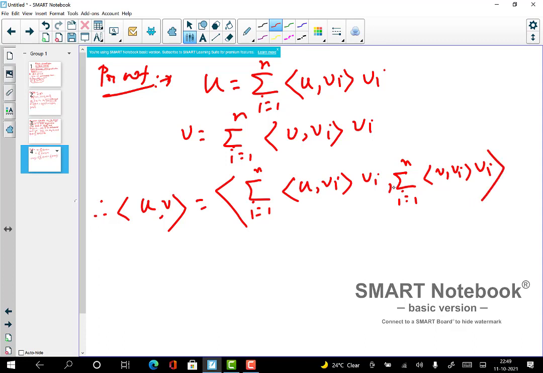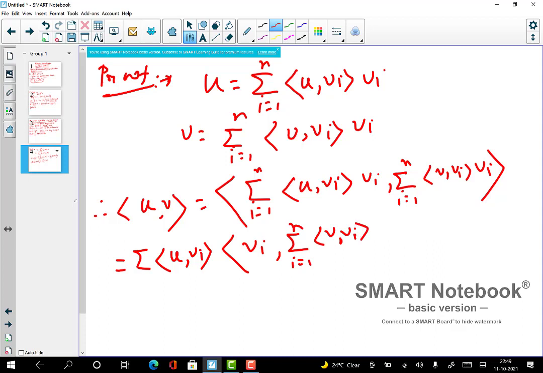Okay, so now you use the property of inner product, and that tells you that you can write this as the summation of the inner product of U with vi, and the inner product of vi with the summation i equal to 1 to n of the inner product of V with vi, times vi. And obviously the sum is over i equal to 1 to n.